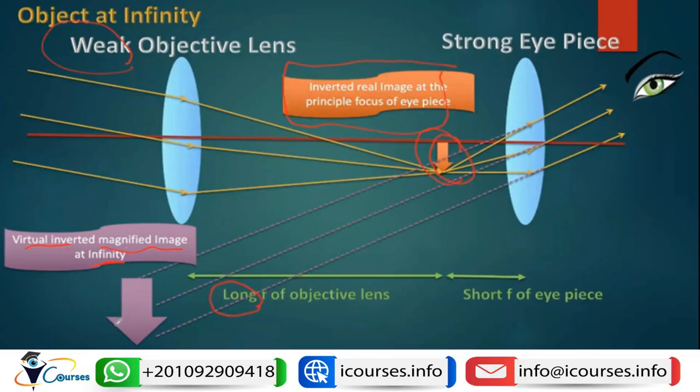Thus we transferred an image of an object at infinity into a virtual magnified image to be seen by the eye. The light rays enter parallel and emerge parallel, but the telescopic system enables us to see a magnified image of a distant target. So this is the principle of the telescope.